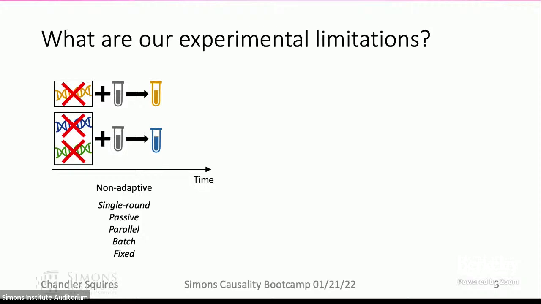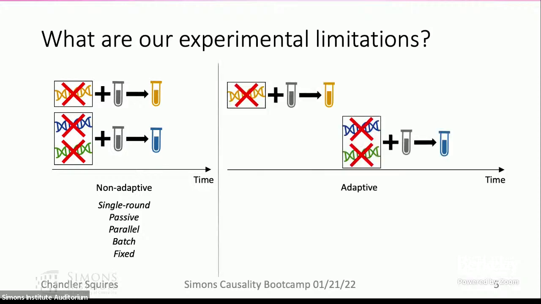And then the final terminology to take note of is calling this just a fixed experimental design, where you fix it ahead of time. This contrasts with adaptive experimental design, where you say knock out the orange gene, see the outcome on your data, and then after that you decide what intervention to do next.